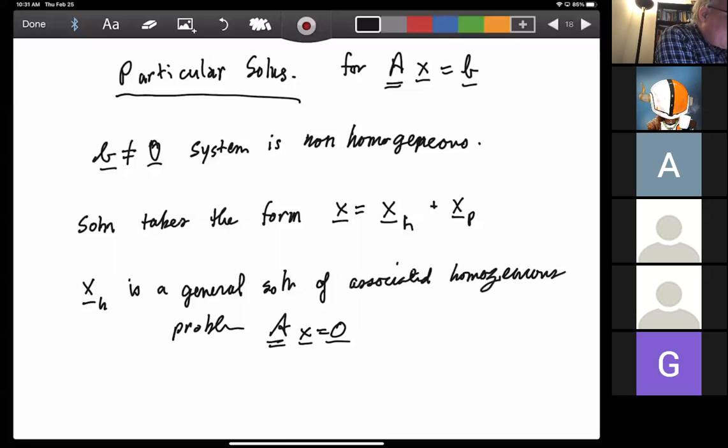So if I replace the B by 0, that's the associated homogeneous problem. X sub h is some general solution of that associated homogeneous problem.